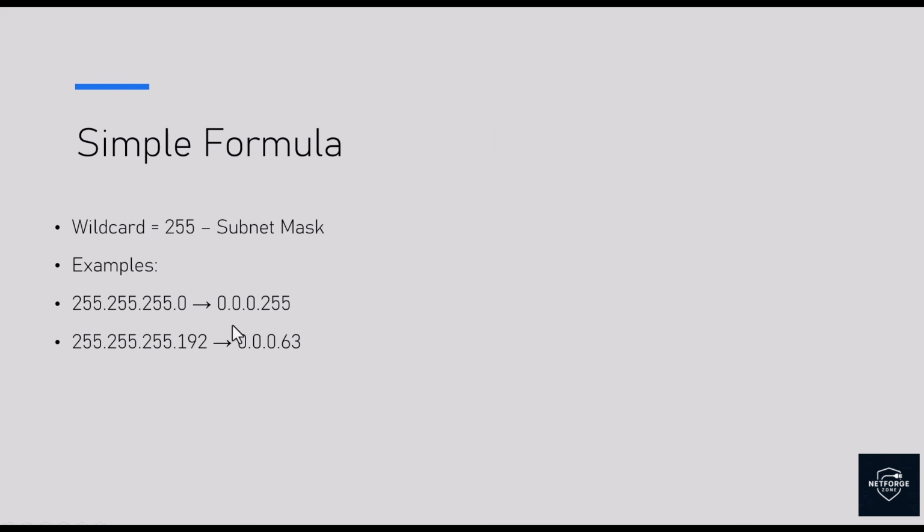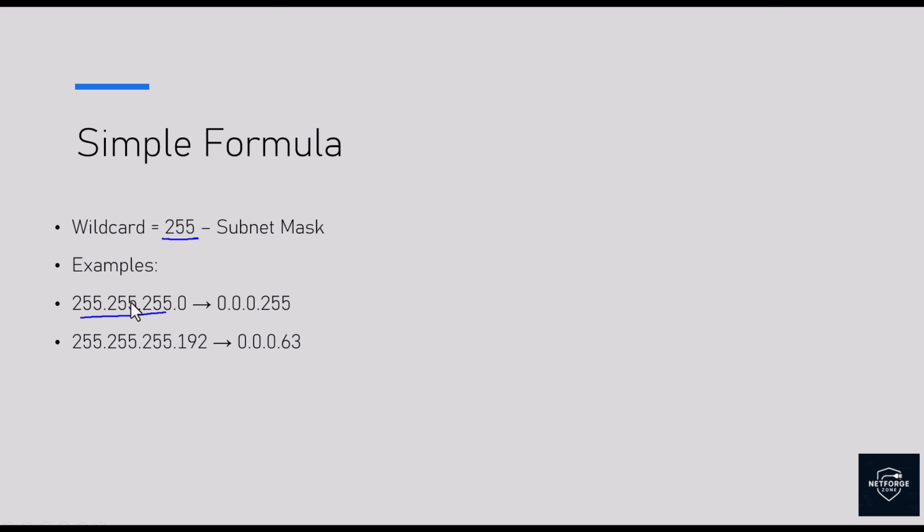Okay, let's go for some simple formula. How can you understand how to configure wildcard mask, how to calculate wildcard mask? So whatever the subnet mask is, you can just subtract it from 255. So say, for example, this is 255.255.255.0.